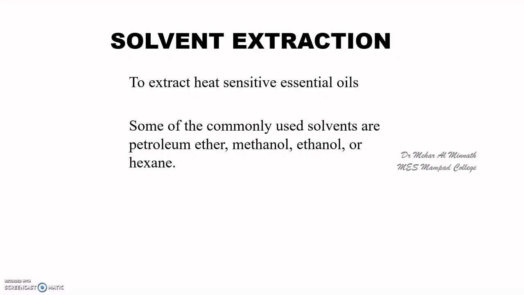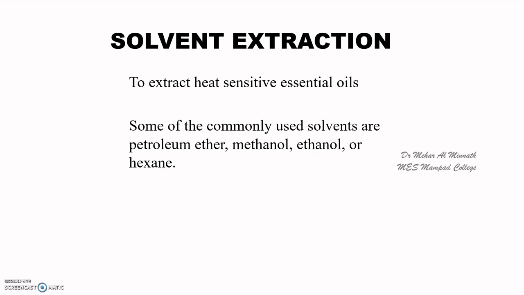We'll filter off the plant material from this solvent, and then we'll boil off the solvent under reduced pressure. We won't heat it. Under reduced pressure, and then we get the essential oil.